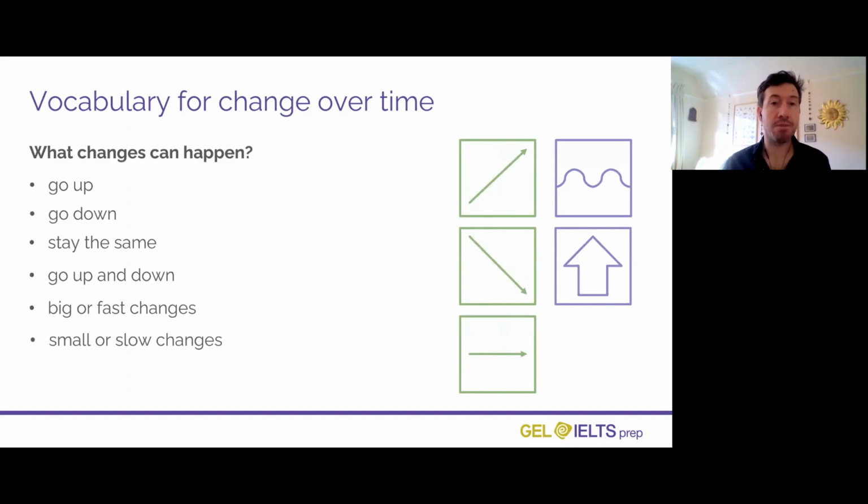And you can have small or slow changes as well, like this. Basically, that's everything. That's all that the data can do. There's no other options, really. So if you have different vocabulary for all of these different things, you'll be able to describe the data and the charts and graphs and the tables more accurately.